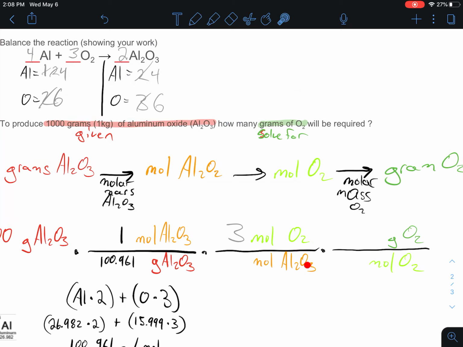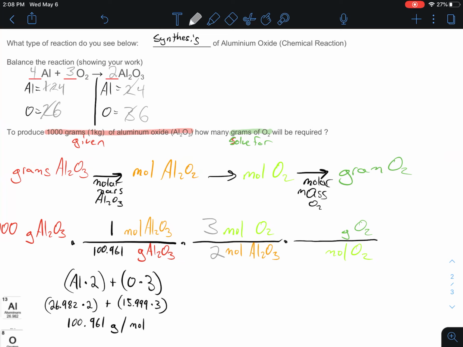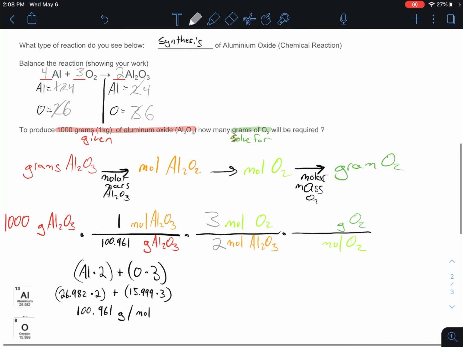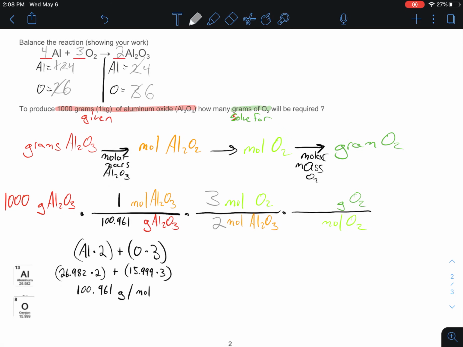In the denominator is Al2O3. Finding that up in the balanced chemical equation, I have a 2 in front of that molecule. So bring the 2 down to this conversion factor on the bottom. Last step of the conversion factor setup. Pause again to figure out the molar mass of oxygen and figure out where you put the numbers in the conversion factor.